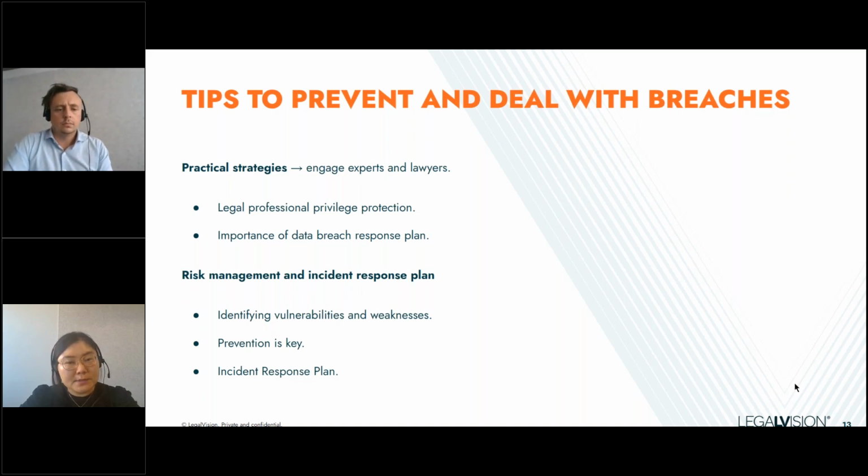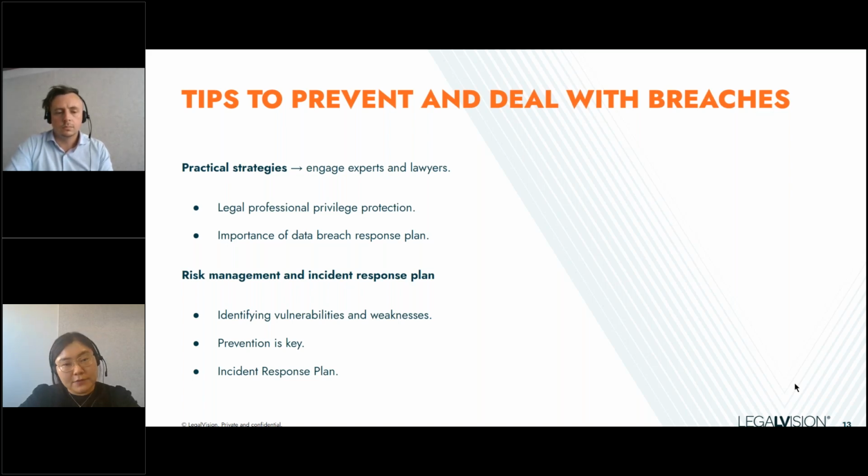Implement an incident response plan that identifies threat and impact, and that you can use to neutralize the threat by containing or blocking access, assess and repair damage. You should report the breach where it is a notifiable data breach. You have to communicate with your customers, and after that, you have to reflect and learn.